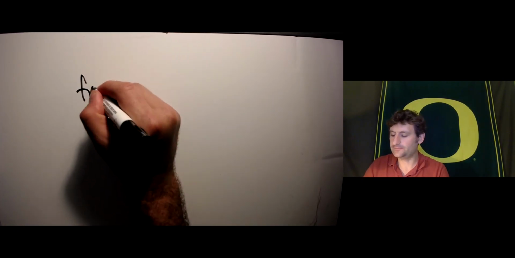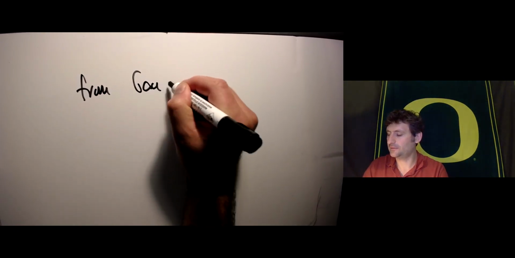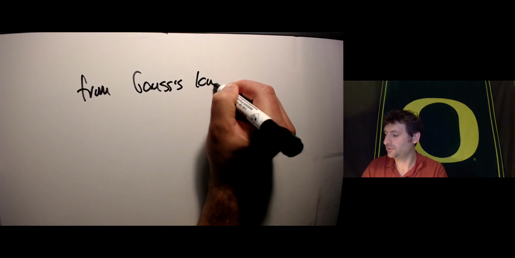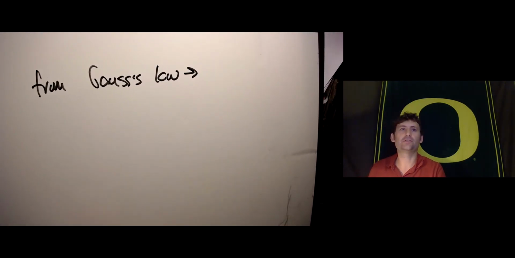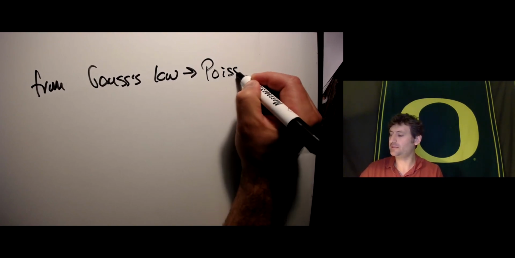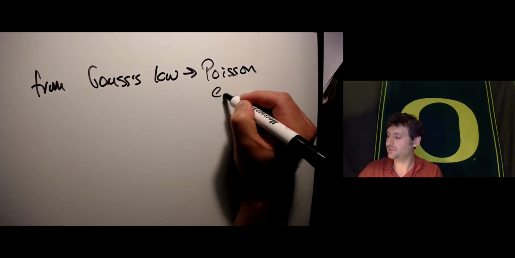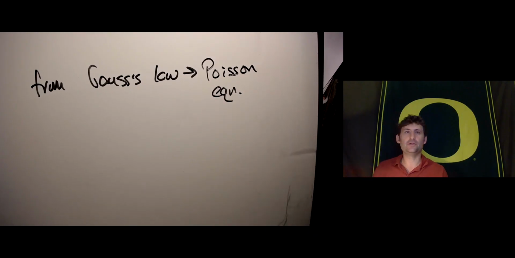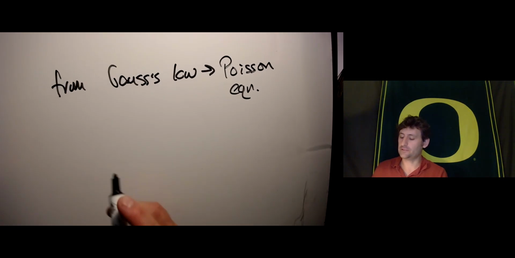Now, from Gauss's law, we can actually get something known as the Poisson equation for electrostatics. There are lots of Poisson equations that apply in many types of physics. I thought I'd show you this very simply because you will see the Poisson equation a lot when you're talking about electrostatics and charge distributions, particularly when you're modeling electrochemical systems.